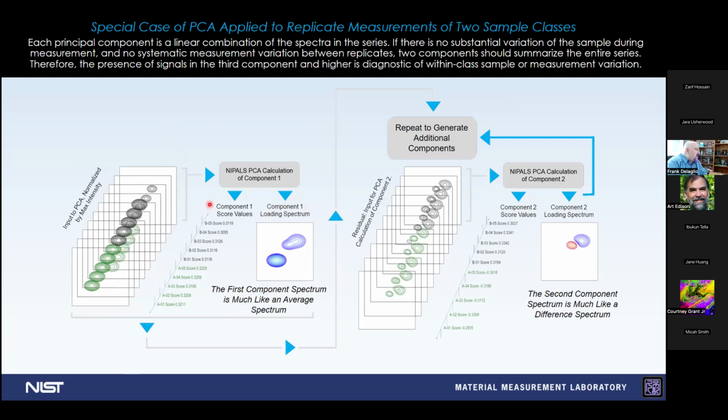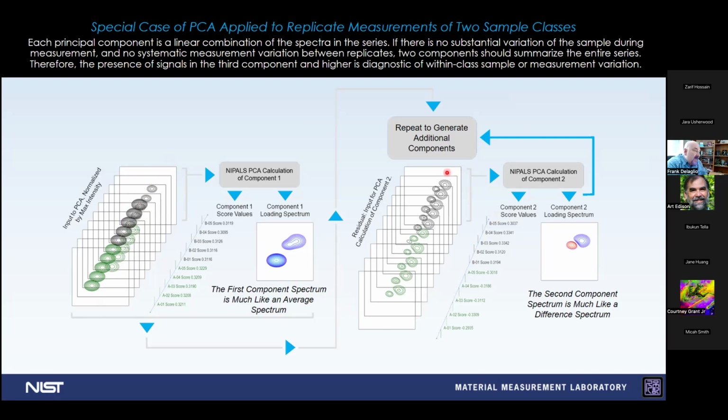The coefficients are the score values that we use in the scatter plot, and the linear combination that we generate from these coefficients is the loading spectrum. Once we have this loading spectrum, we can subtract it from all of the original spectra, and that generates a residual.